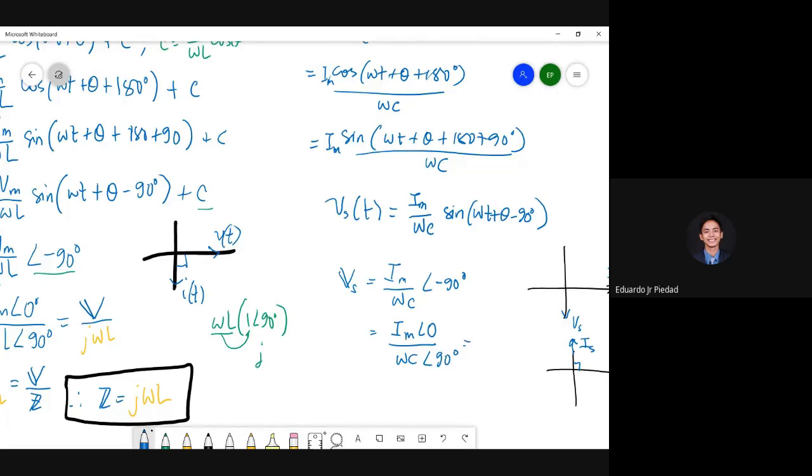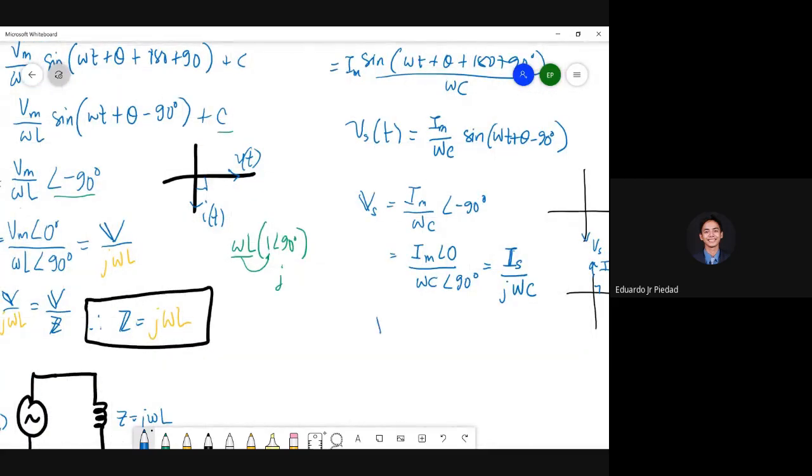Then this one becomes Is divided by JWc. Now, from the formula V is equal to Zi, therefore, our Z here is equal to 1 over JWc. Okay?